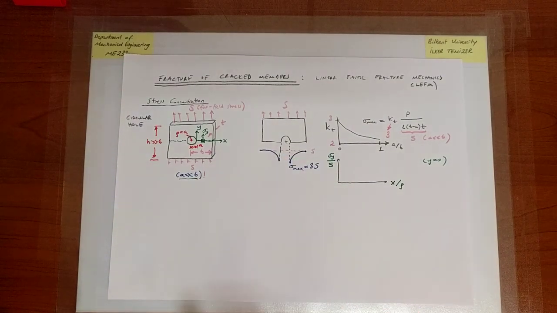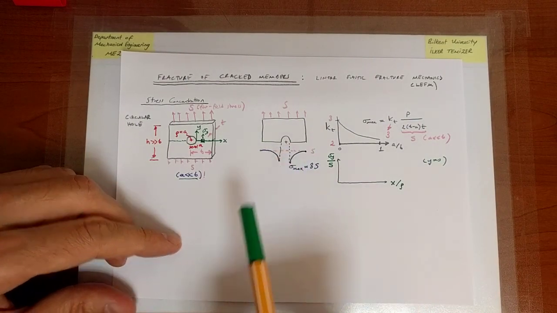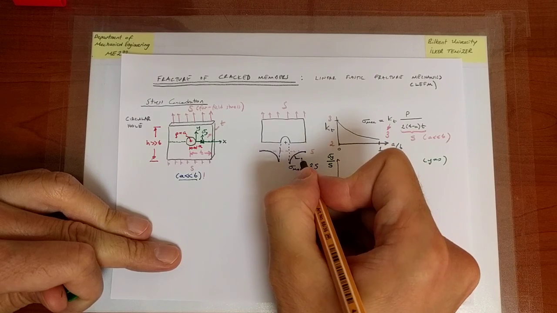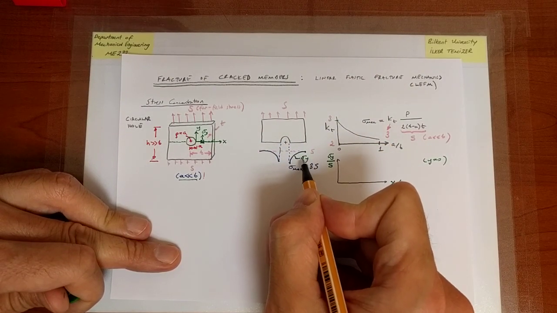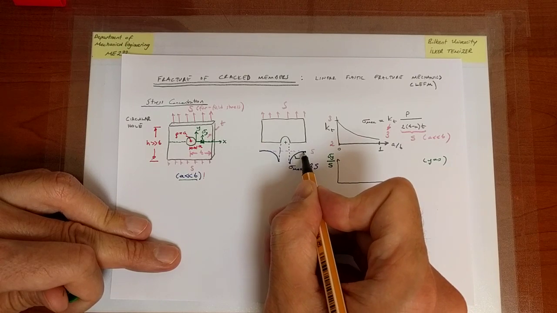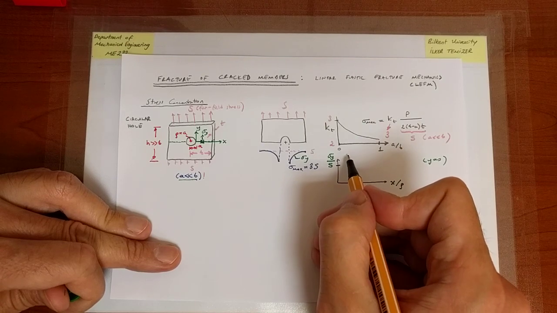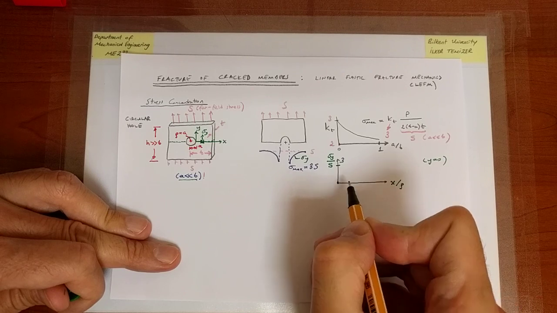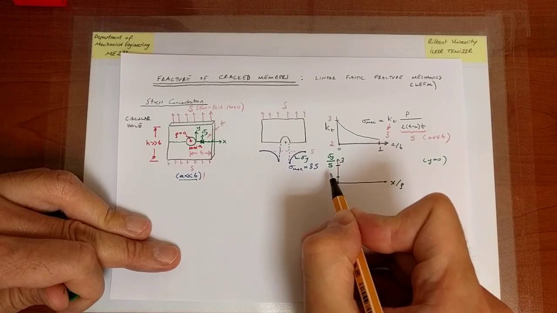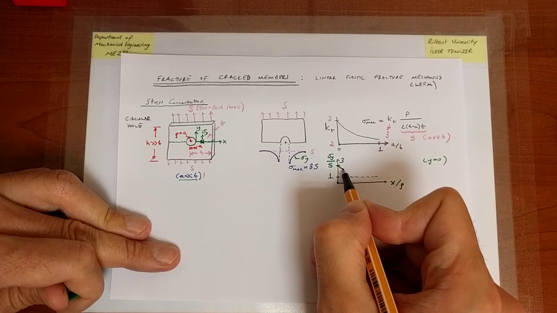In fact, the variation is already depicted here. What we are saying here is there's a normal stress. That normal stress is actually equal to sigma Y because it's on the plane with normal Y. And sigma Y starts from 3S and decays towards S. So it's going to start from a value of 3 right at the edge of the hole, and it's going to decay towards a value of 1 when you move away from the hole.